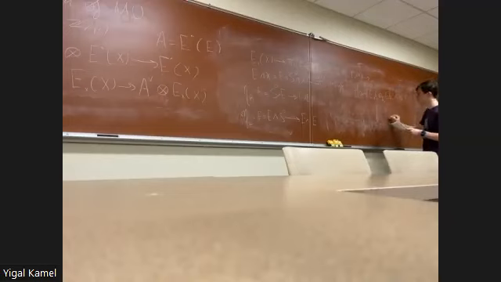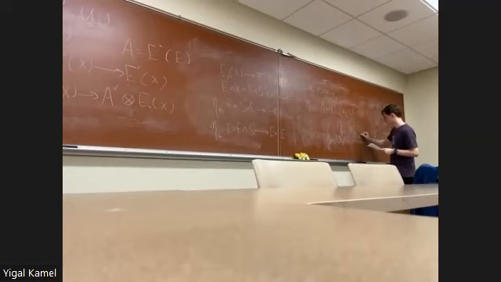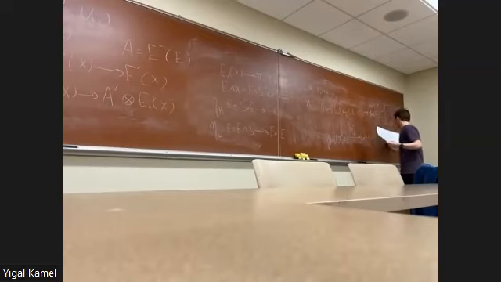This isn't a pullback, it comes from a pullback. We're mapping E star left unit, and this goes over here to that exact same group.